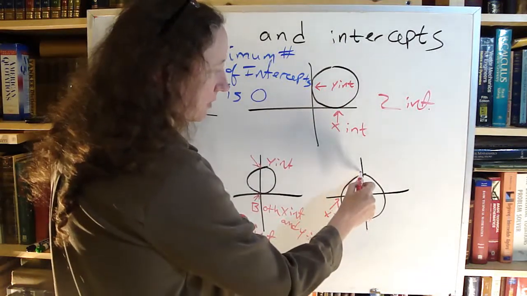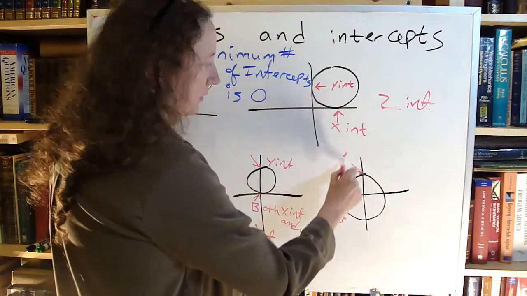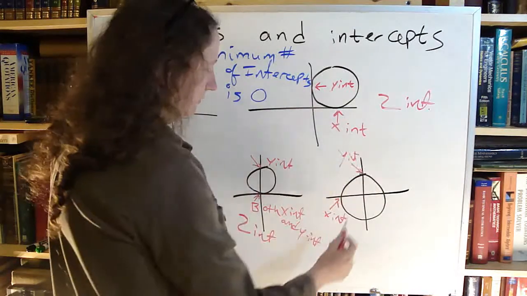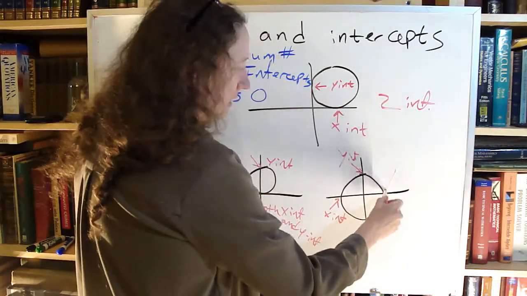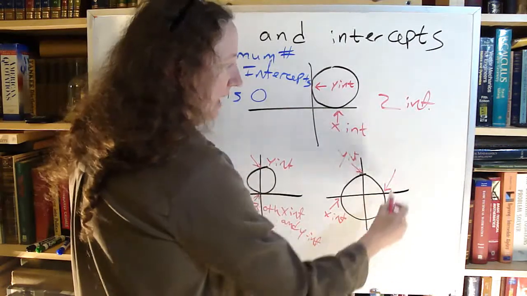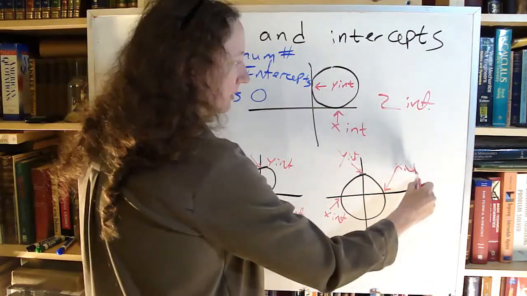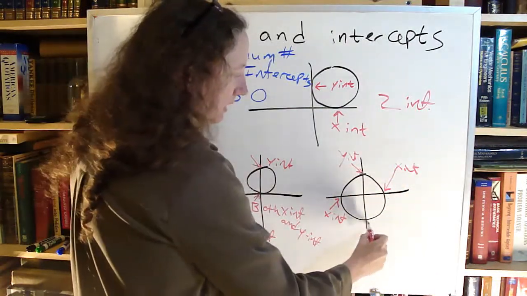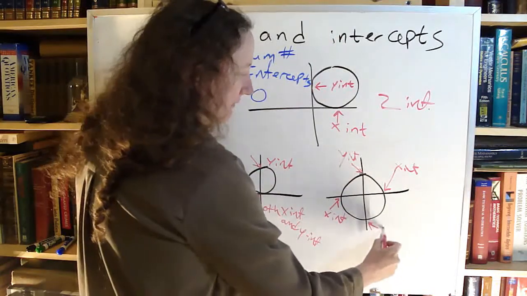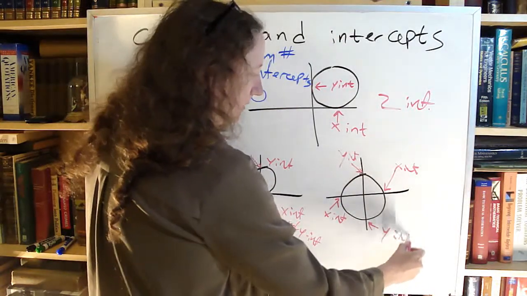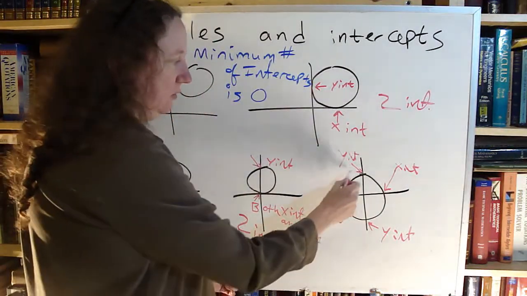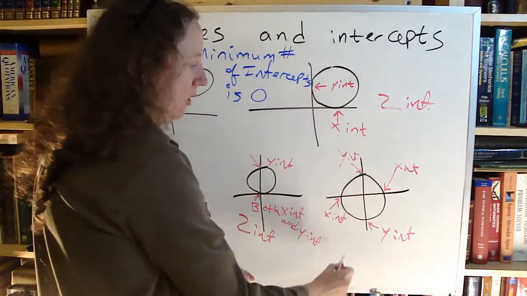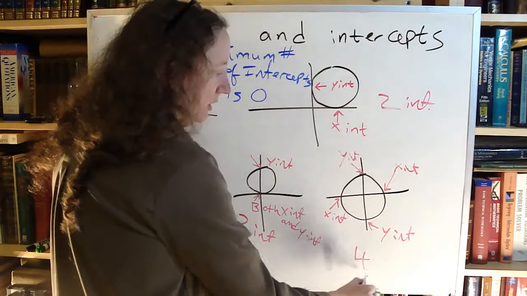Going around the circle, I have a y-intercept. Continuing around the circle, right here, I have another x-intercept. And finishing it off, I have another y-intercept. So I have 1, 2, 3, 4 intercepts.